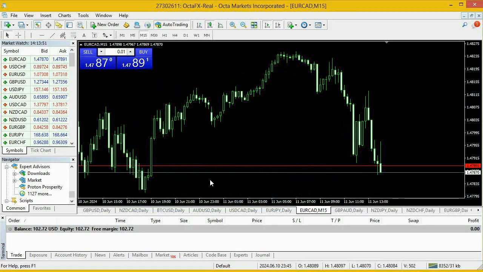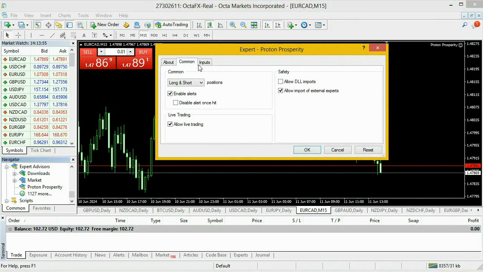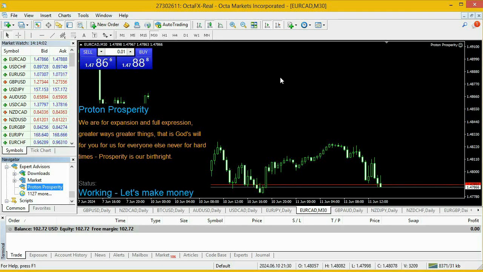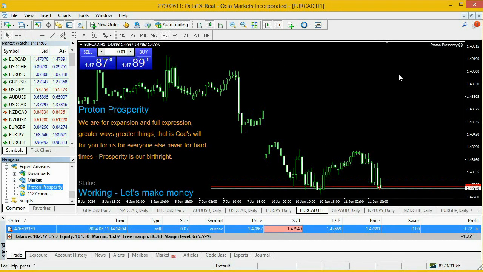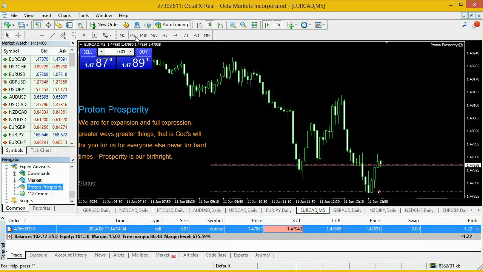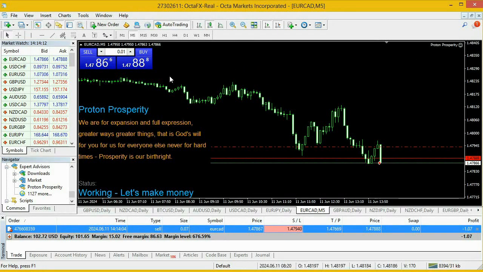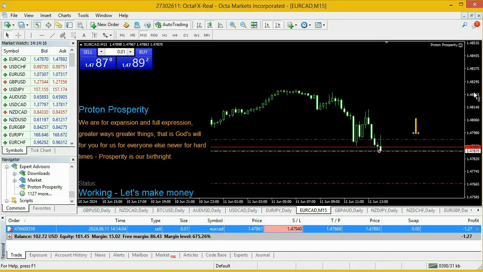We load the expert. Again, we need to look for a trigger. Sell position executed. Our stop loss, and take profit.